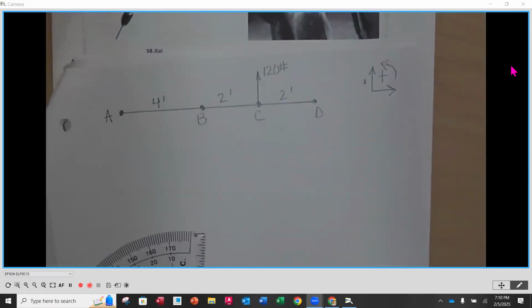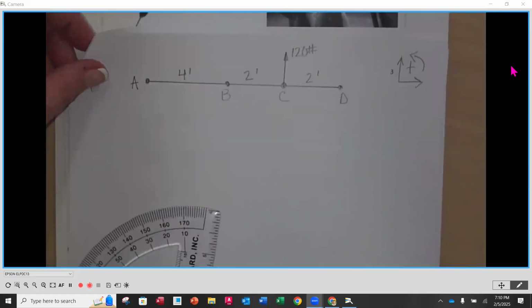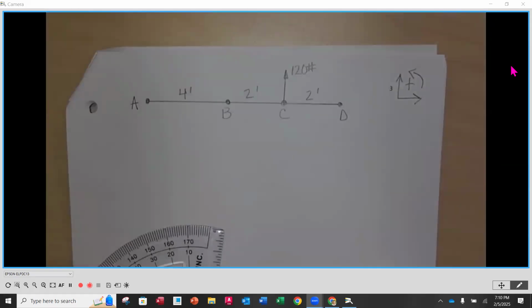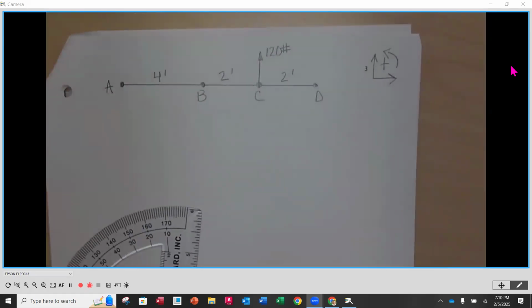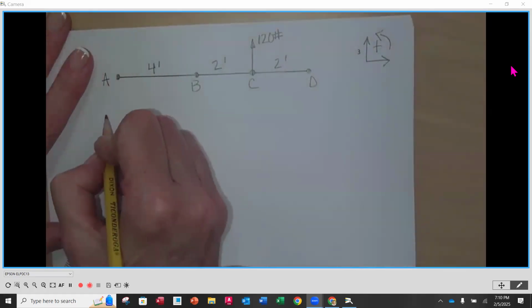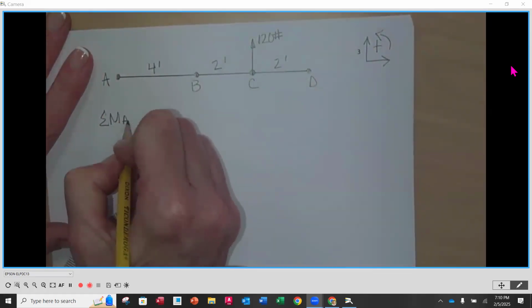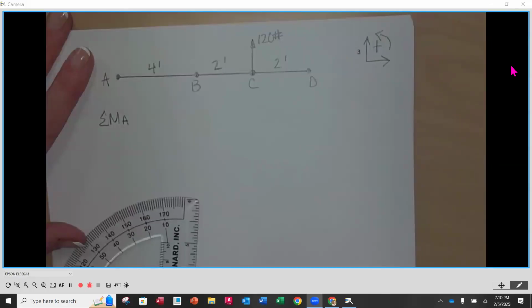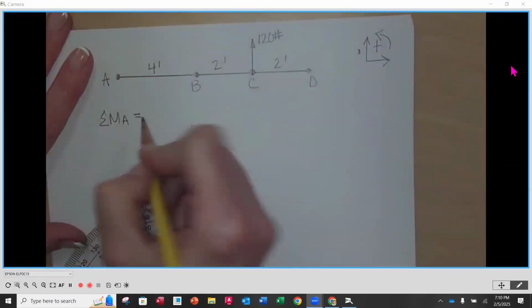So this is going to be the diagram that we're going to use to sum or to determine our moment about each one of the points identified. So we're going to determine the moment about point A, B, C, and D. So the moment about point A, okay? So we're going to sum our moments about point A is equal to, okay?